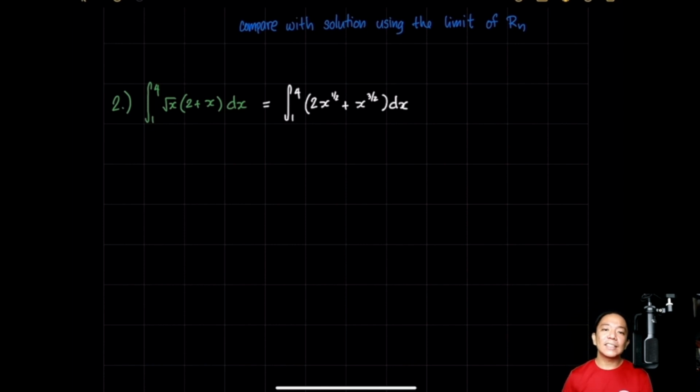So we'll write this as a definite integral from 1 to 4 of 2 times x raised to 1/2 plus x raised to 3/2. Then we apply the power rule. This will be 2 times x raised to 3/2 over 3/2 plus x raised to 5/2 over 5/2. So this is an antiderivative of our function na ini-integrate. Then we'll evaluate this dun sa limits of integration natin from 1 to 4.